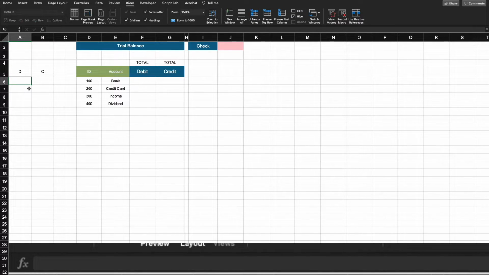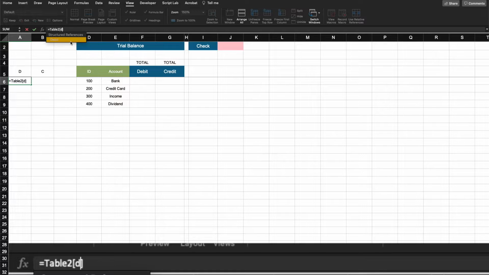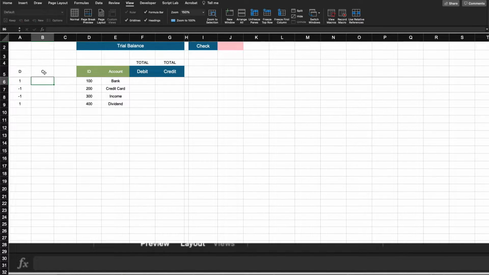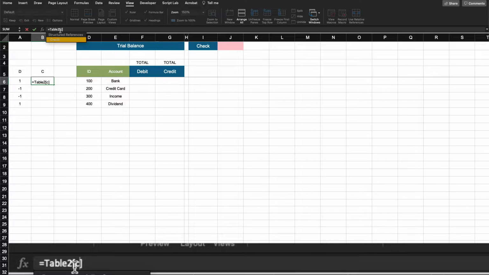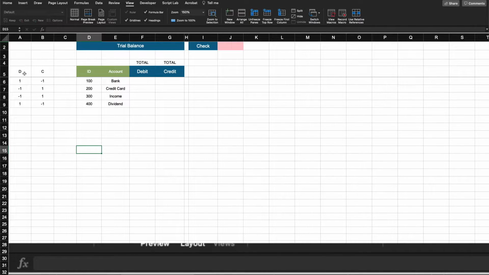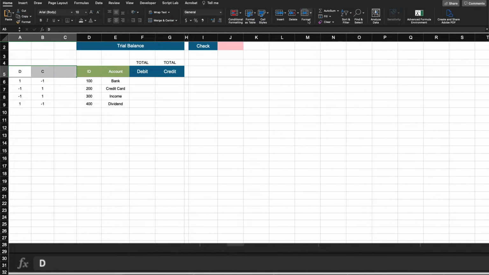Let's say the debit side is the same debit column, and that would be a credit column. Okay, and these are our calculation columns. So maybe just change the styling to something light color.